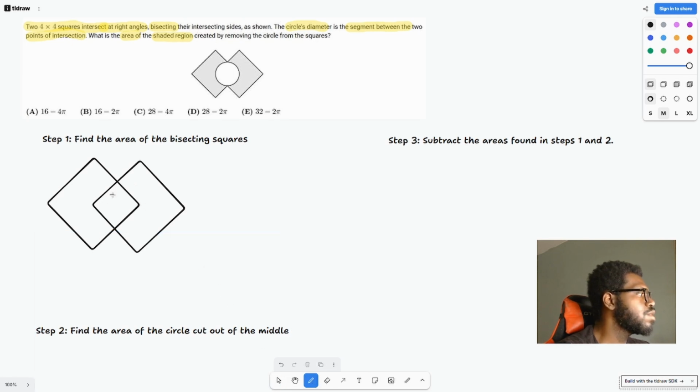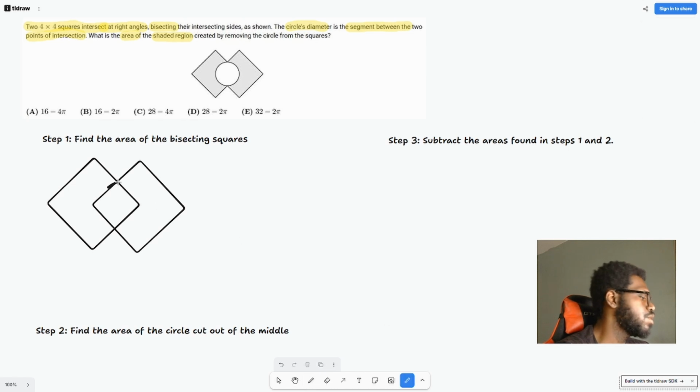I want you to pay close attention to this section here where the two squares overlap. If we add the areas of these two big squares together, then this portion here is going to be included twice. So what we need to do is find the areas of these two big squares here.